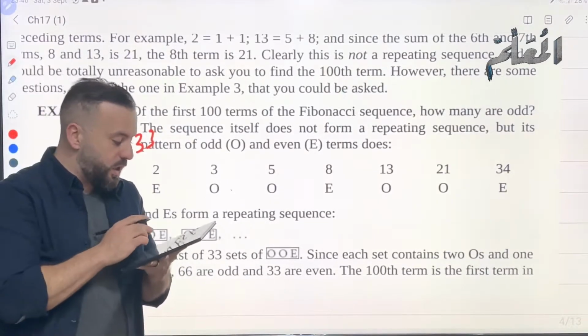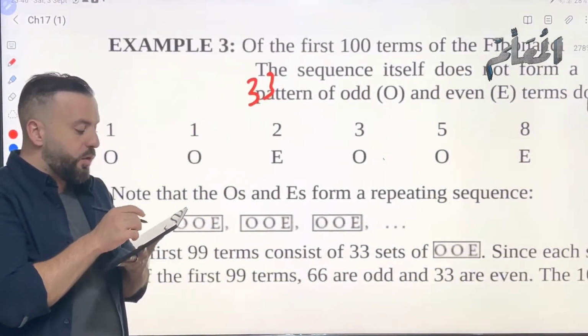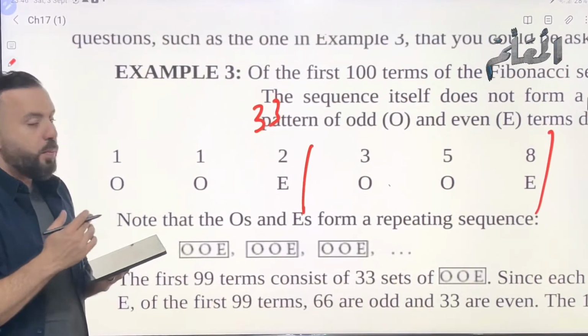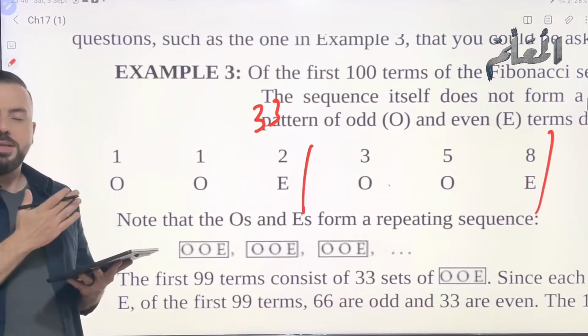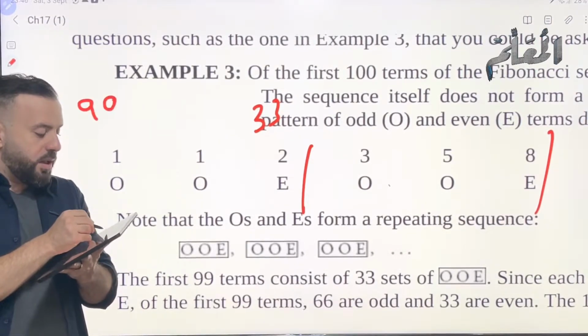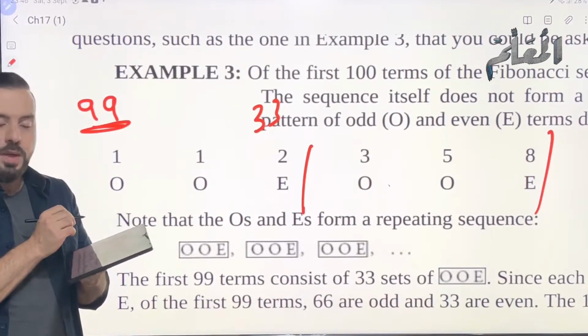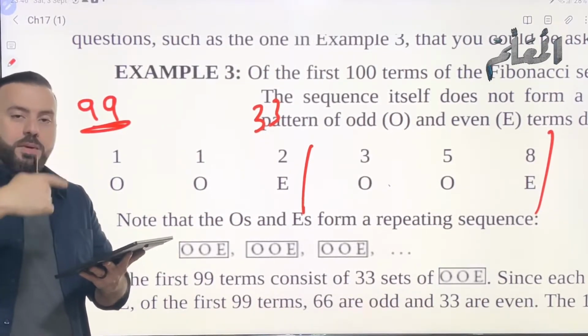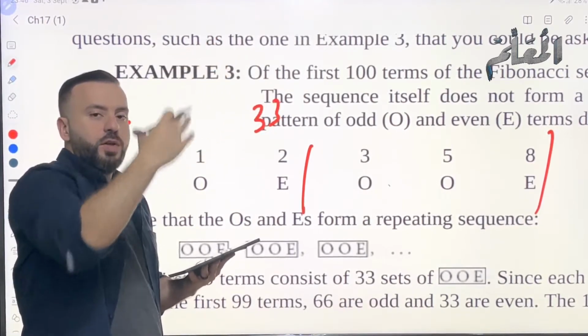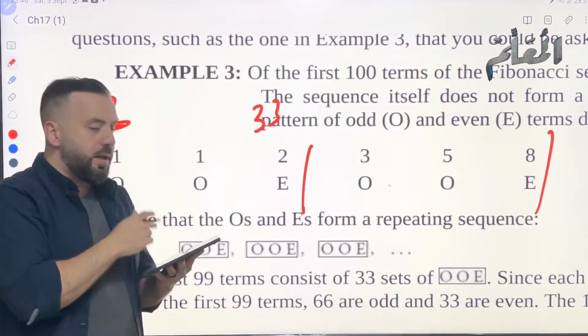If I want to see the split of this odd, odd, even pattern, from 1 to 100, since it repeats in groups of 3, it's a multiple of 3. Up to the 99th term, it's going to be odd, odd, even, because it's a multiple of 3. So till 99, it's odd, odd, even.